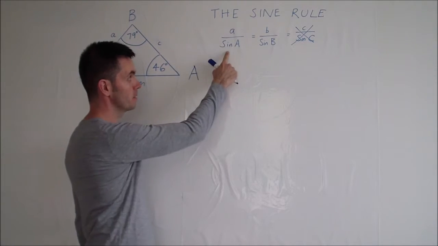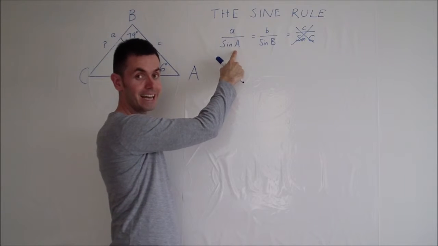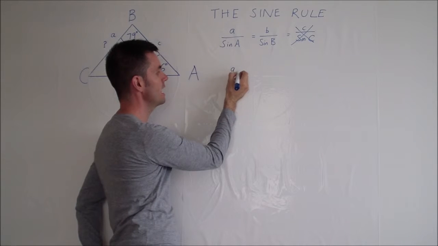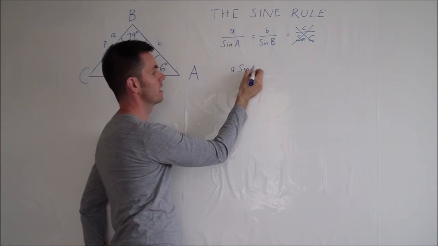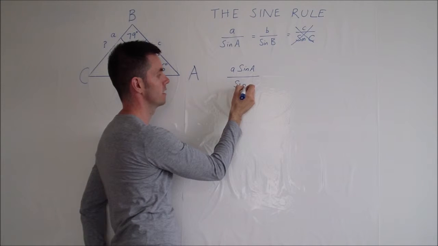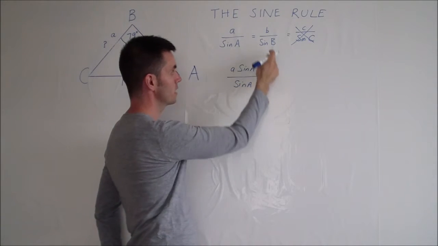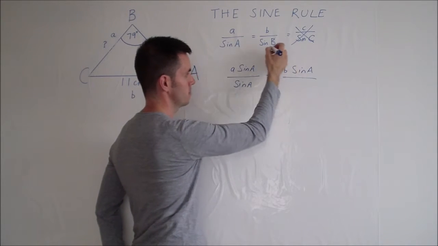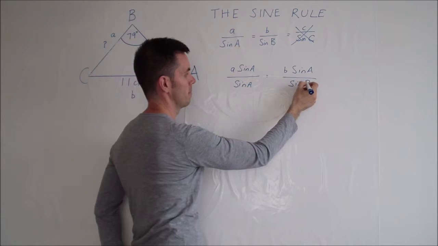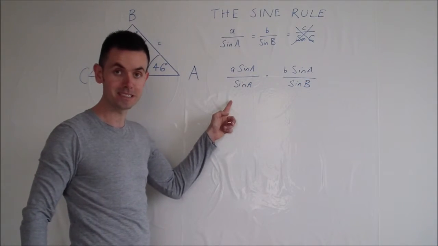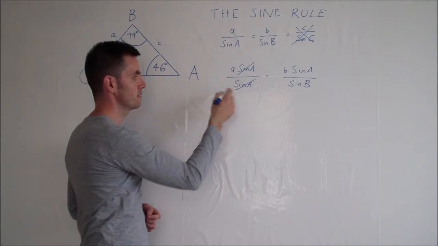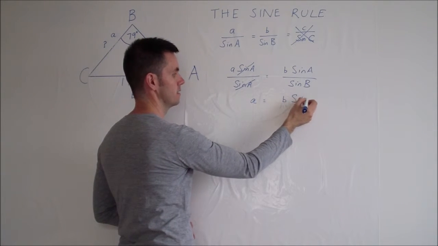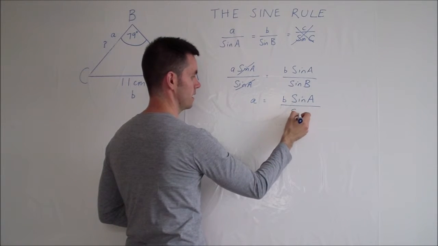And if we do that, we're going to multiply both sides by sine A. So if we multiply the left-hand side by sine A, we have a multiplied by sine A divided by sine A. And that's going to be equal to b multiplied by sine A divided by sine B. Sine A divided by sine A cancel out, so we're left on the left-hand side with a equals b sine A divided by sine B.